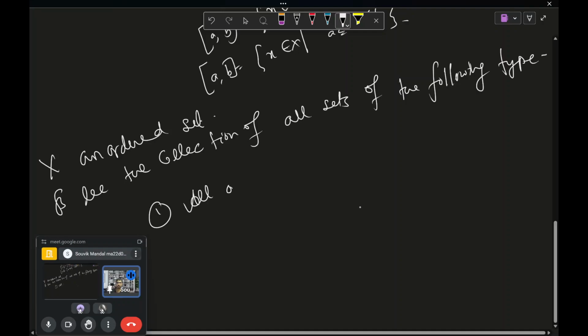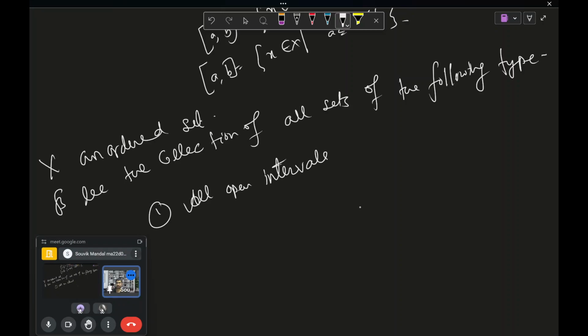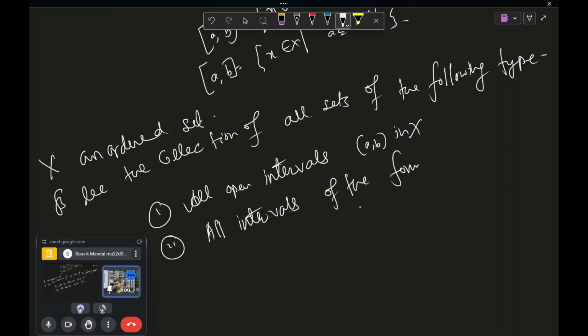One is all open intervals (a, b) in X. Two is all intervals of the form closed a naught, open b in X, where a naught is the smallest element.